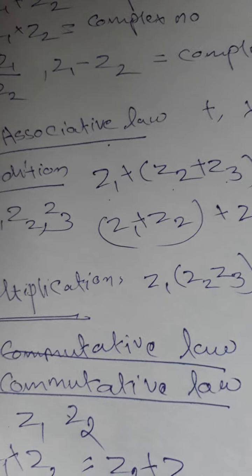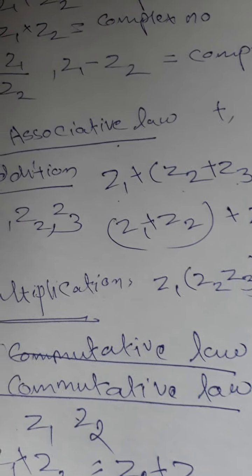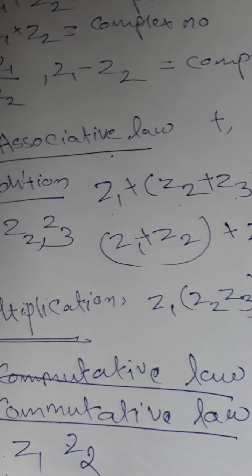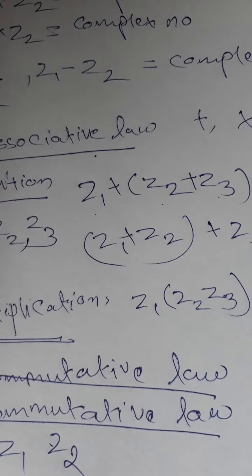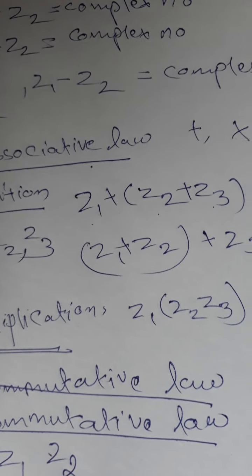Now there are two other laws, that is the existence of additive identity as well as multiplicative identity, and the existence of multiplicative inverse and additive inverse.